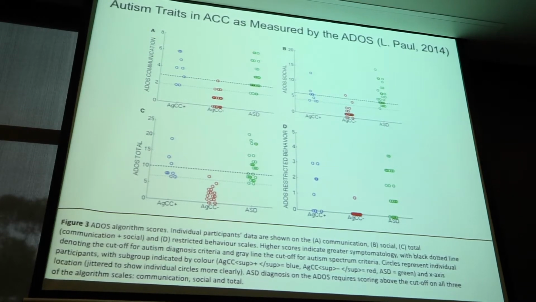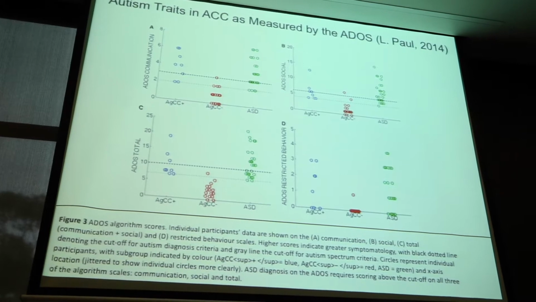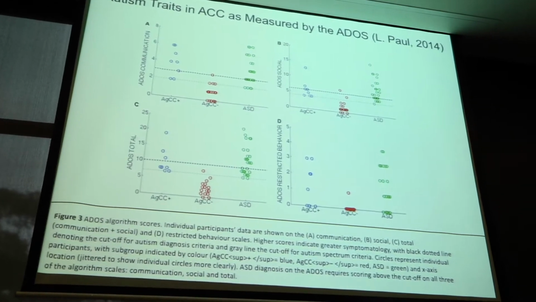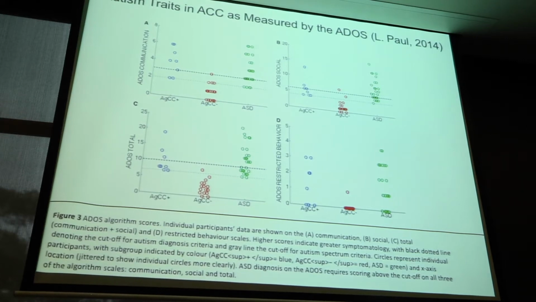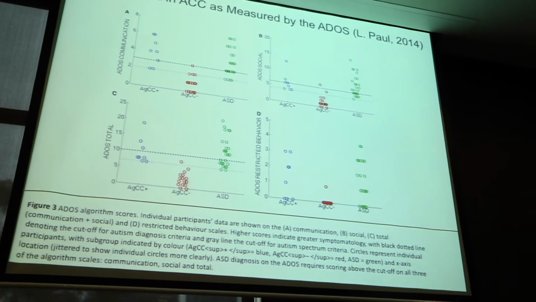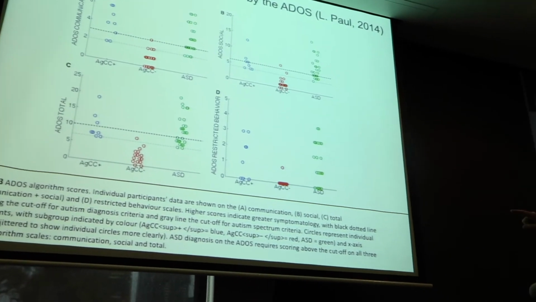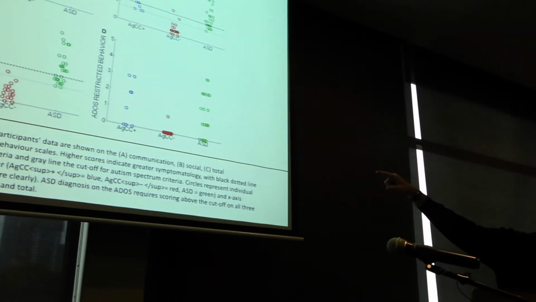And so if you focus here on the lower left, box C, you can see that you have to cross the threshold where the 10 is to have a diagnosis, you can see that many of the individuals with autism, but not all of them, cross that threshold. And same thing with ACC.